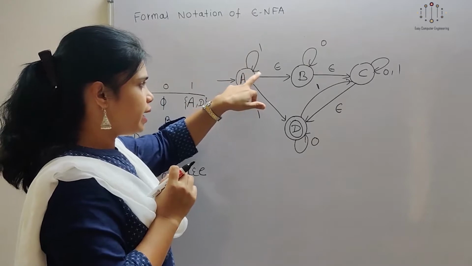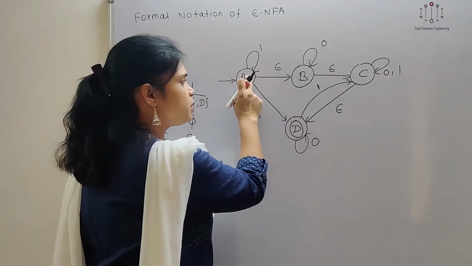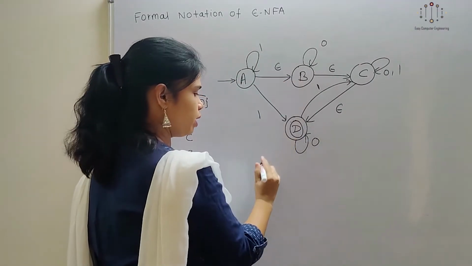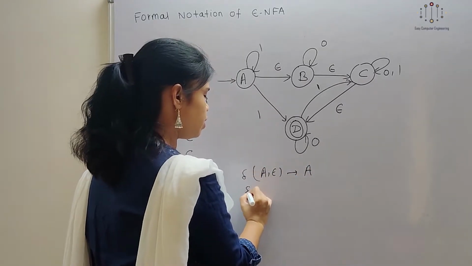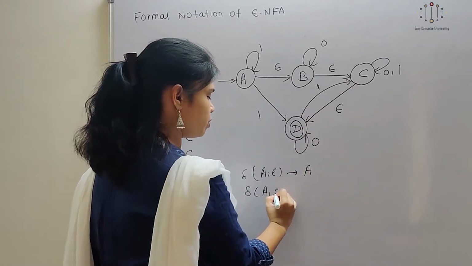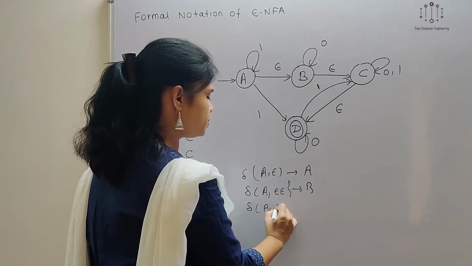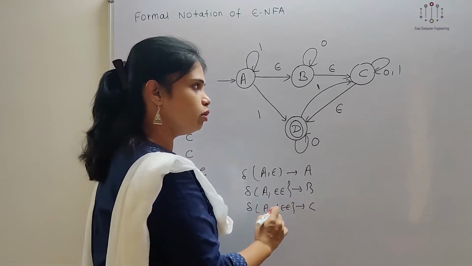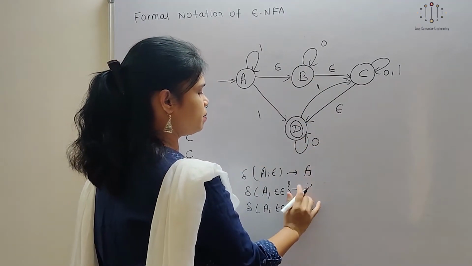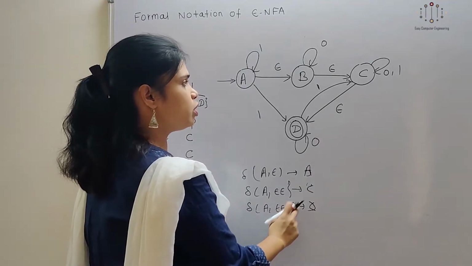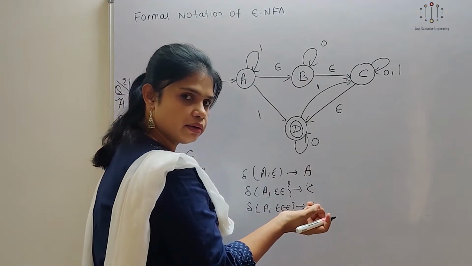So from A I can move to B as well as C as well as D. How? Because on epsilon transition I can move from A to B, and from A on epsilon I can move to D, and from B, C and D on epsilon I can move to D. This epsilon is nothing but the null symbol.